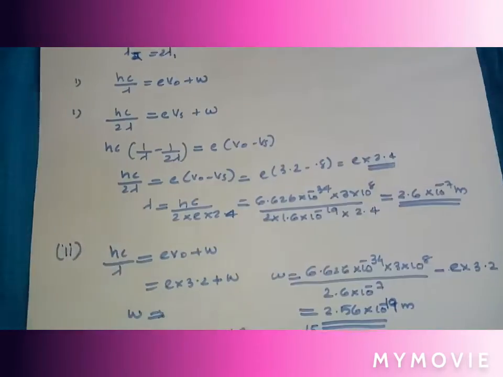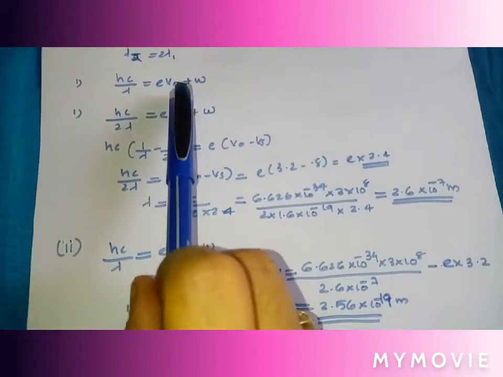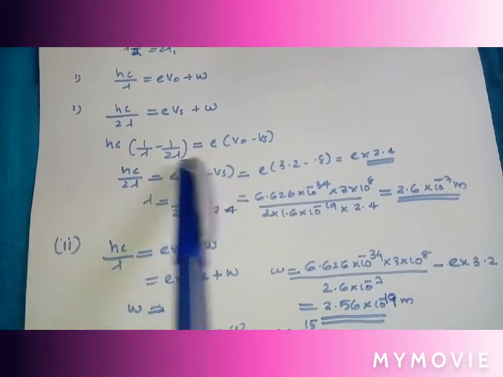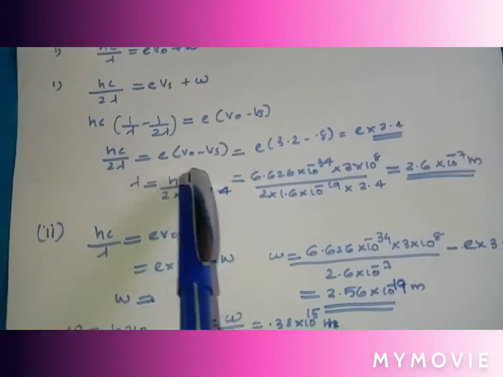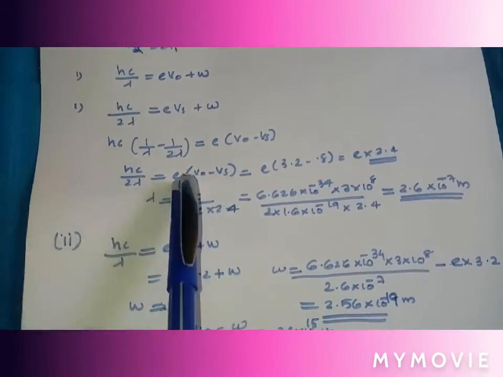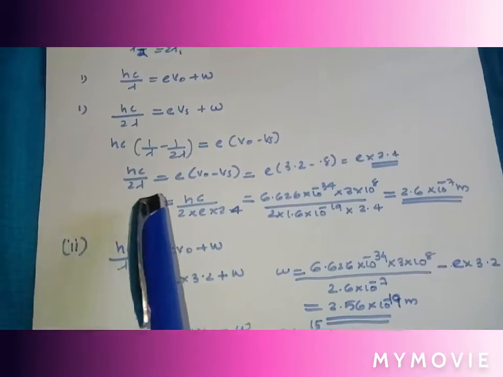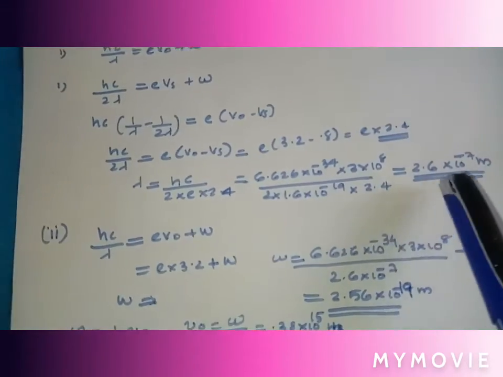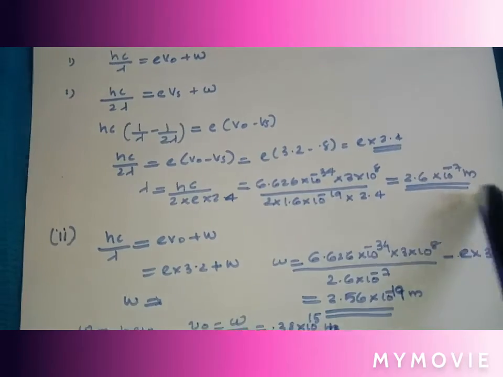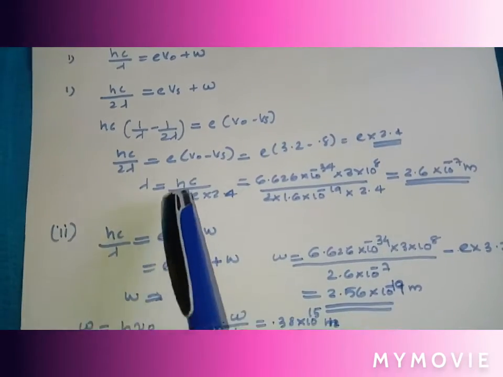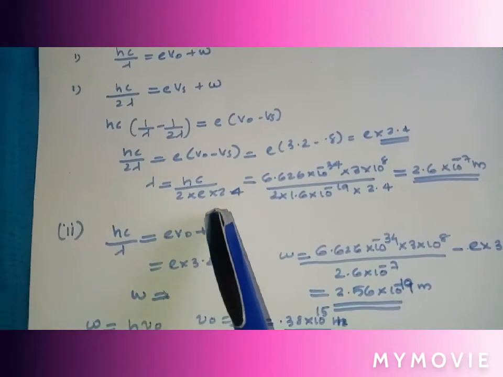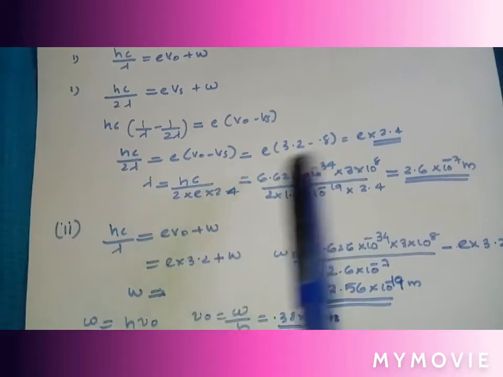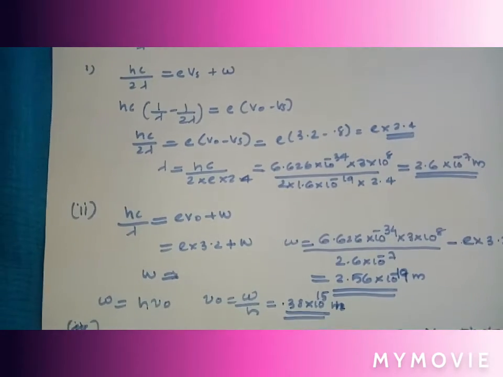Subtracting these two equations, we get the equation c by 2 lambda is equal to e into (V0 minus Vs). V0 and Vs are given, and from that we get lambda as 2.6 into 10 raised to minus 7 meter. All data are known: h is Planck's constant, c is the speed of light, and e is the charge of the electron.